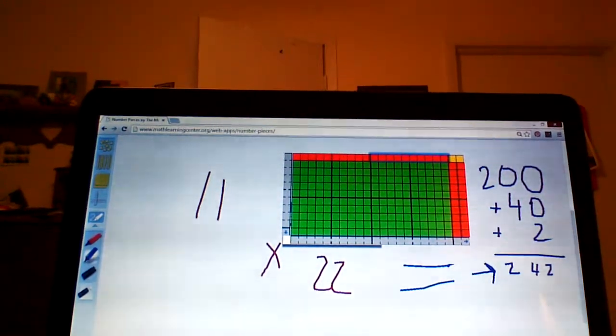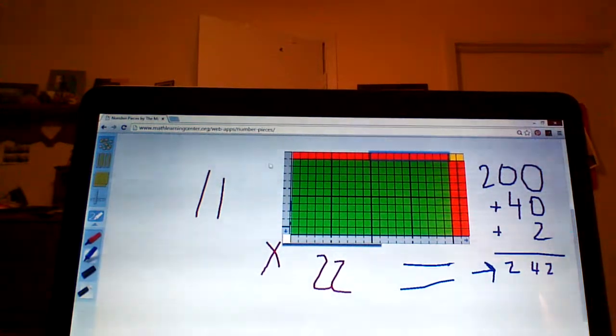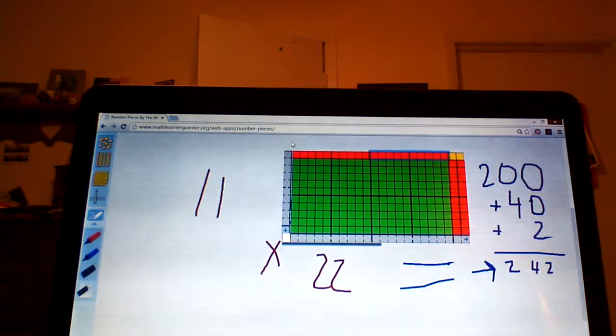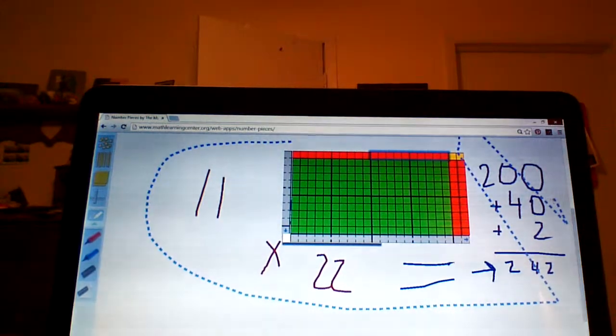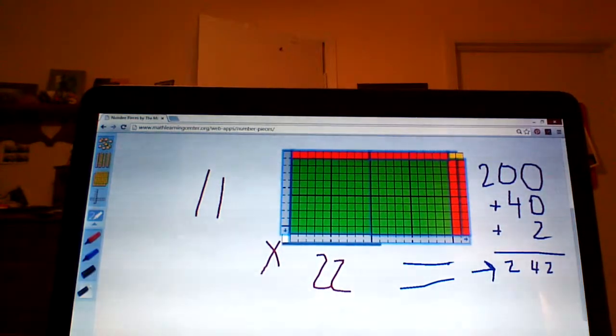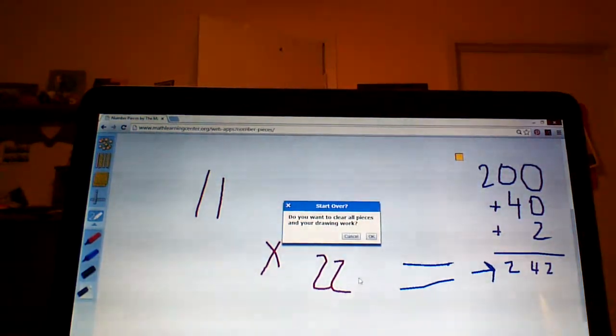Dividing is what you're going to do: take all of it and divide everything up into pieces. Okay, so I am going to show you visually how we're going to do this.